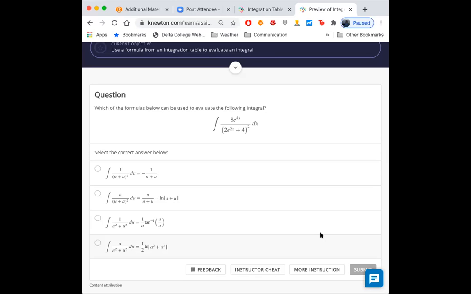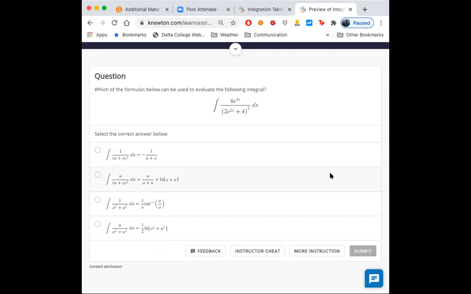So what do you guys think? Well, I'm not really fond of having all these e to the x's in here when my formulas don't have an e to the x in them at all. So I'm thinking that I want to try to figure out, what would my u be equal to?